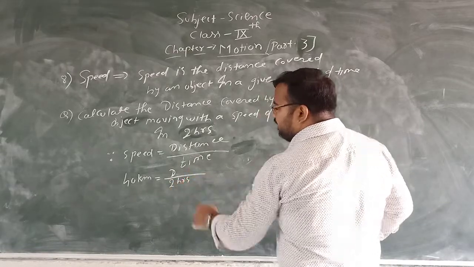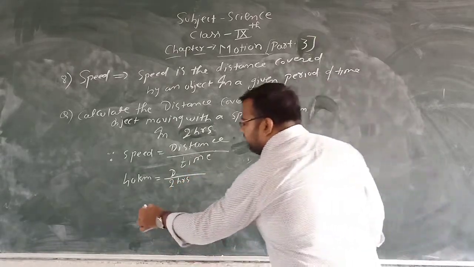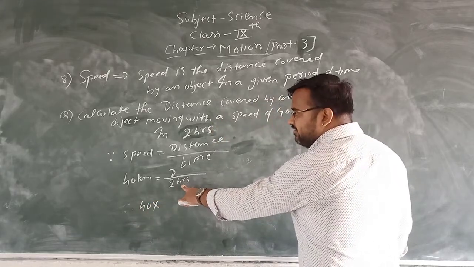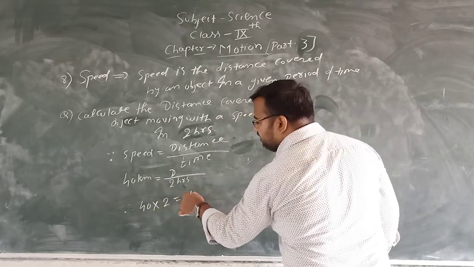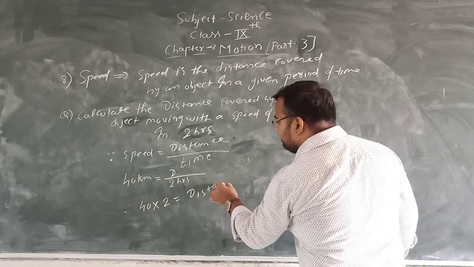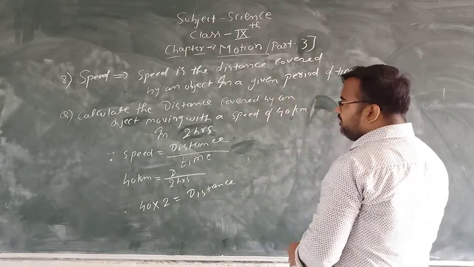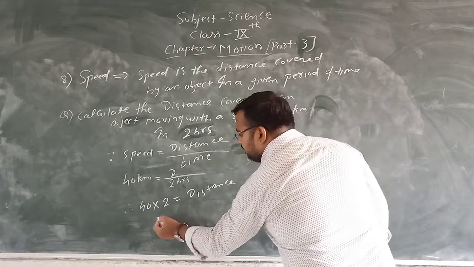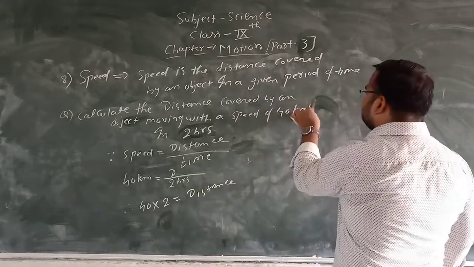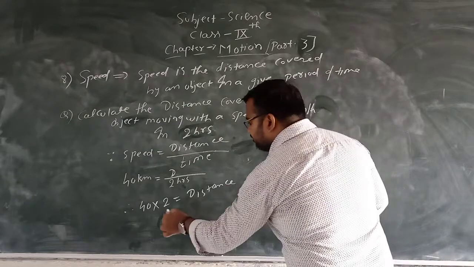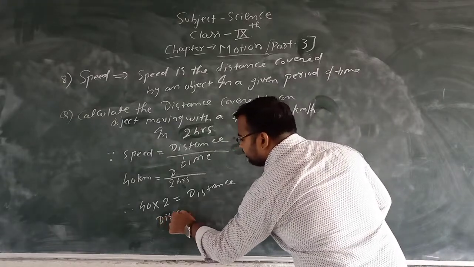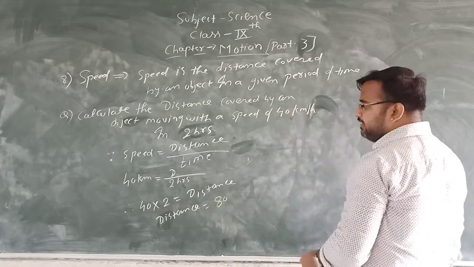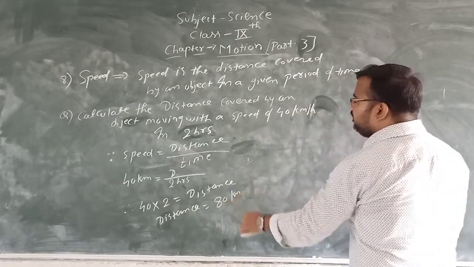Therefore, the time is in division, so it will go to the other side in multiplication, and this is the distance. So the distance is equal to 40 into 2, that is 80 kilometer.